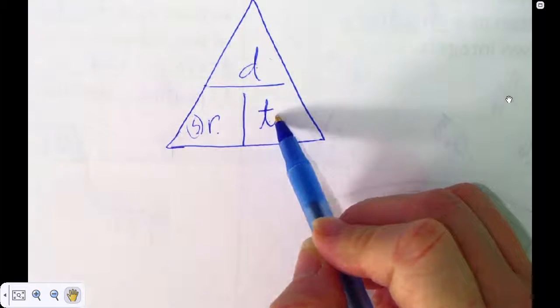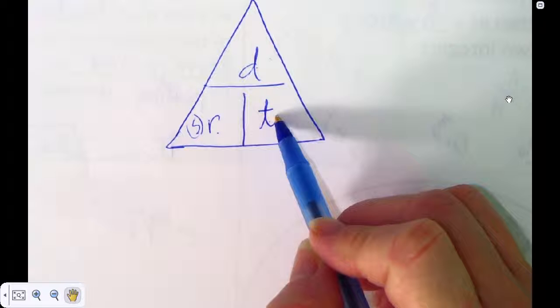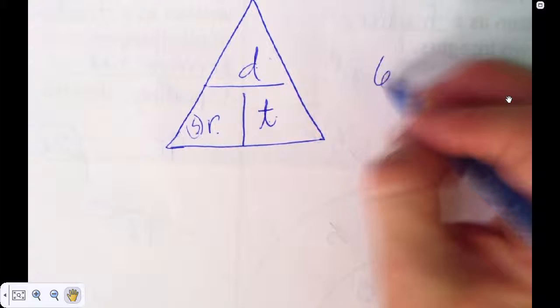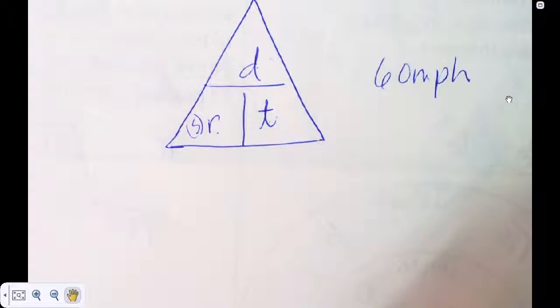Tell me this. If I'm on I-10, I put my cruise on 60 miles per hour. How many miles can I go in 1 hour? If I'm going 60 miles per hour, how many miles can I go in 1 hour? 60 is not a trick question.